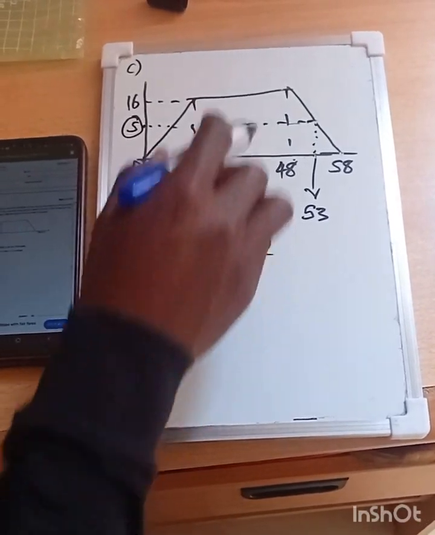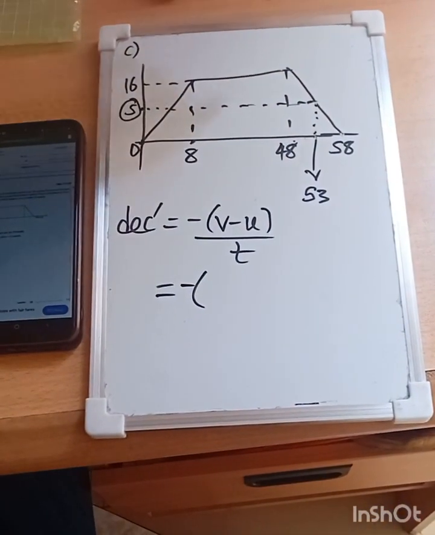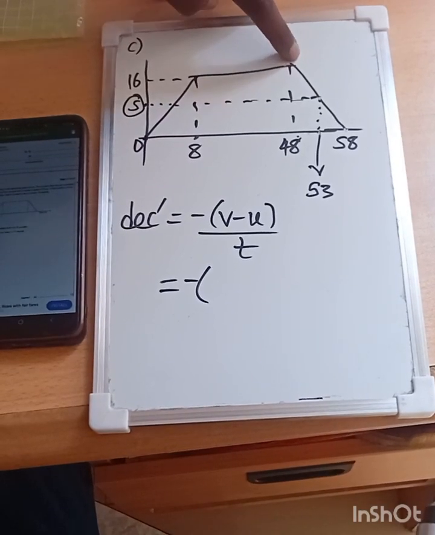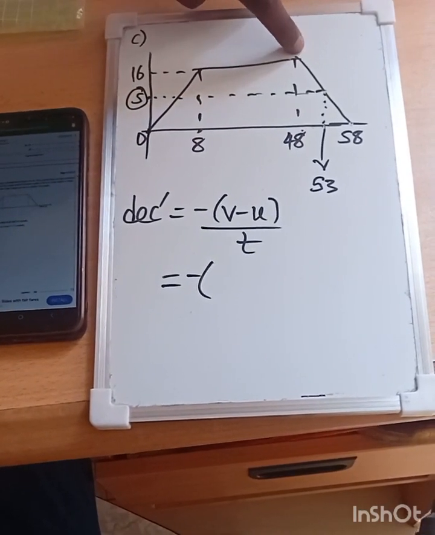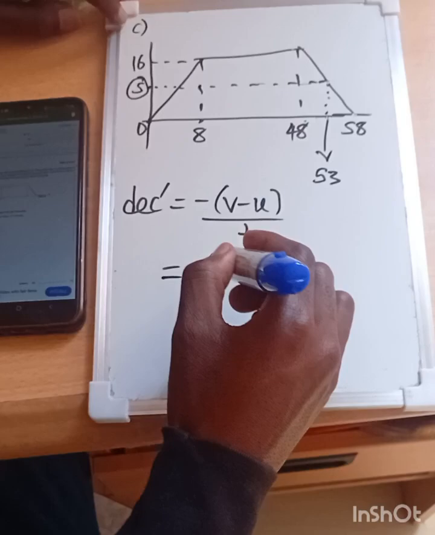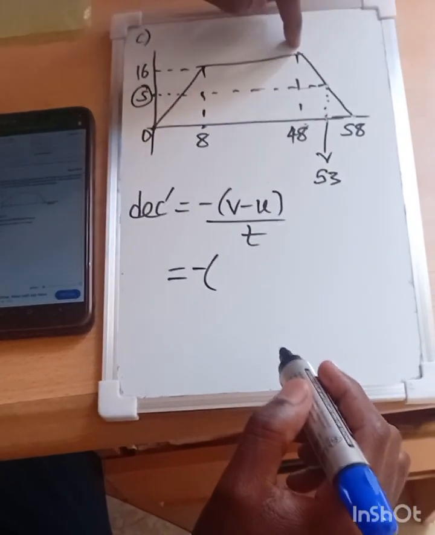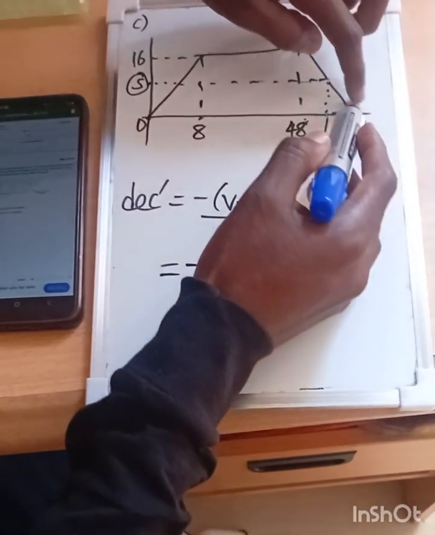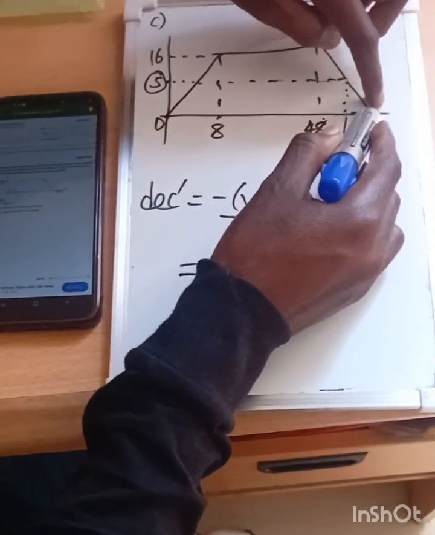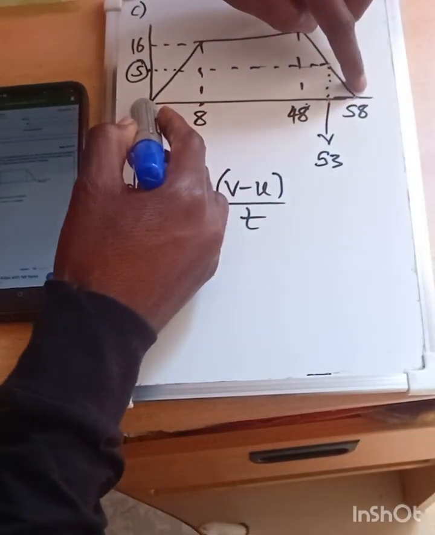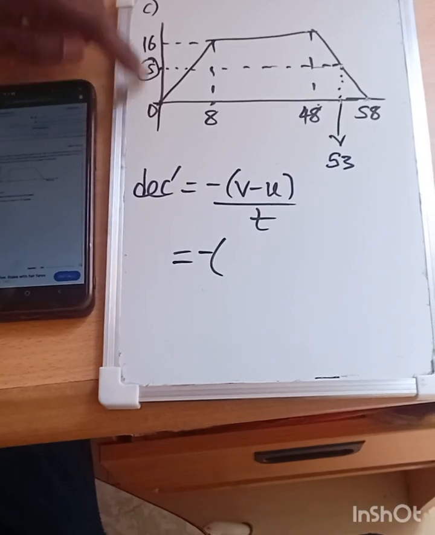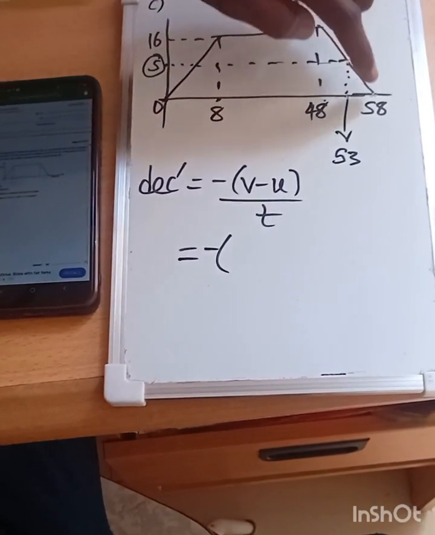Since it was reducing speed, this is the initial point here. The initial velocity, which is speed, was 16. Then it decelerated until it reached this last point, where the speed is 0.